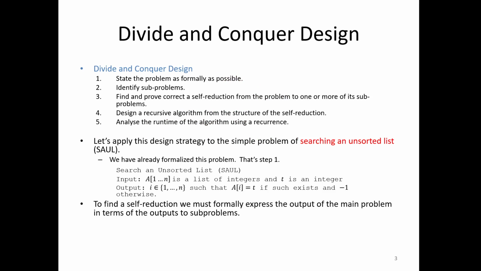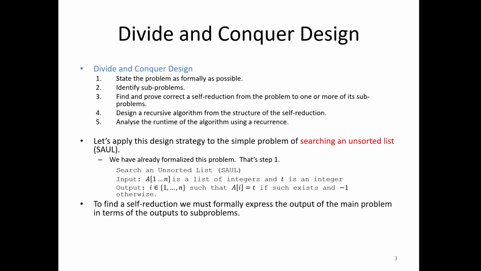All right, as I mentioned, I want to use these problems to present our divide and conquer strategy. So I do want to spend a moment or two here just talking about the design strategy itself, going one step at a time. Here I've got it listed as a 5-step process.